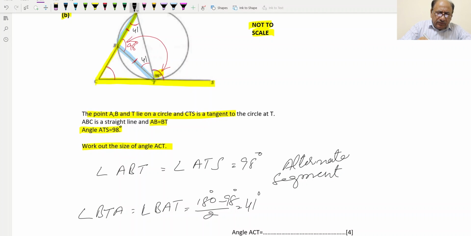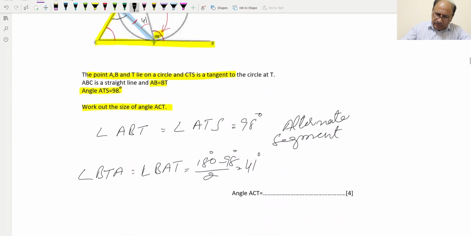Now after that we can find this angle, which is CBT. Angle CBT is how much? This will be 180 minus 98.